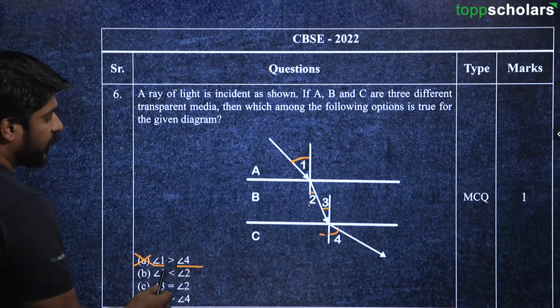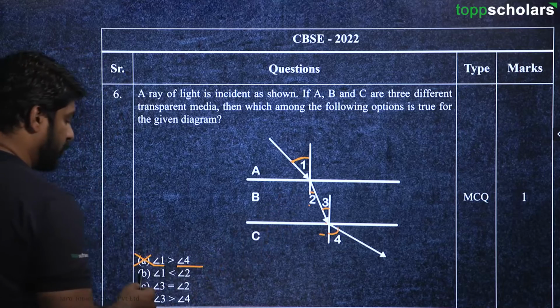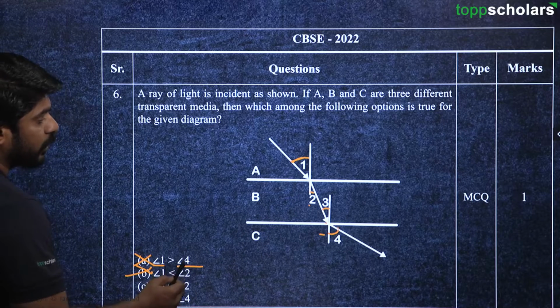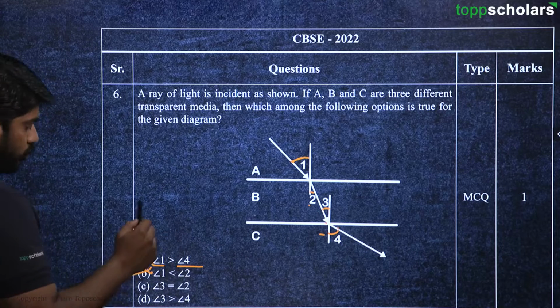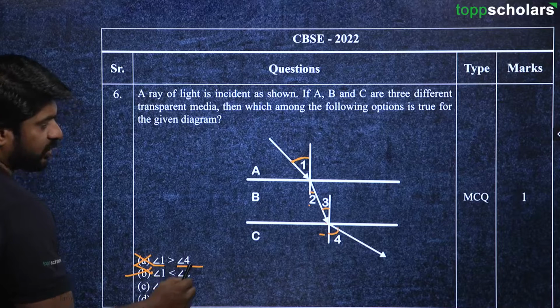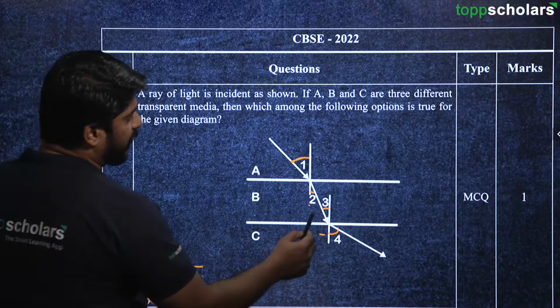Then angle 1 is less than angle 2? Again, you can see angle 1 is larger, so this is also wrong. Angle 3 is equal to angle 2, is it going to be the correct answer? Or the last one, angle 3 is greater than angle 4. Definitely this is not the correct answer because angle 3 is smaller.